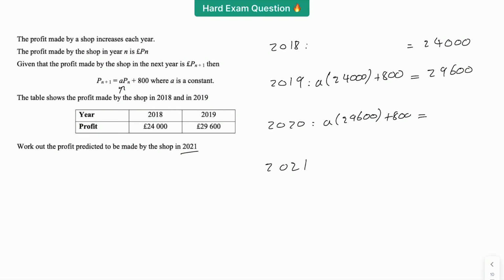Now, I've only got one unknown in this equation, okay? Just to be clear, we've got one unknown here. In this part here, there's two unknowns. I don't know what this is, and I don't know what this is. So because we've only got one unknown here, I can solve this as an equation.